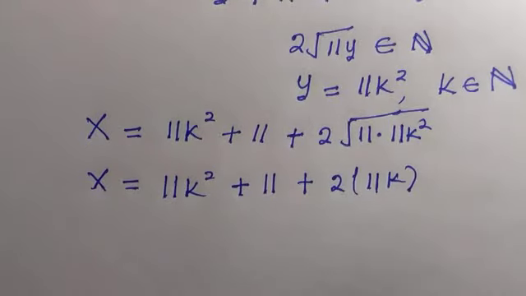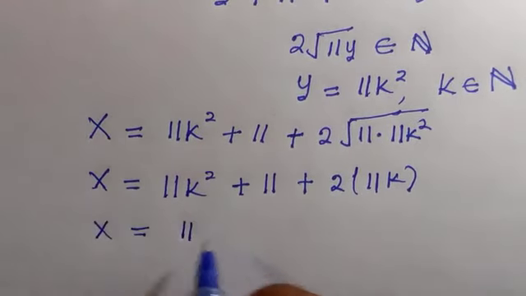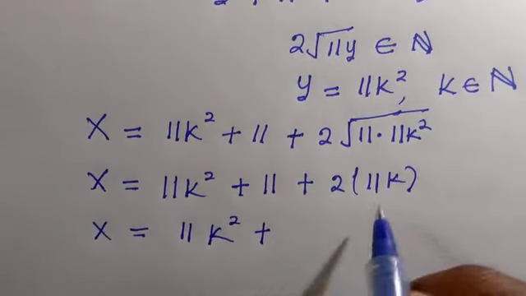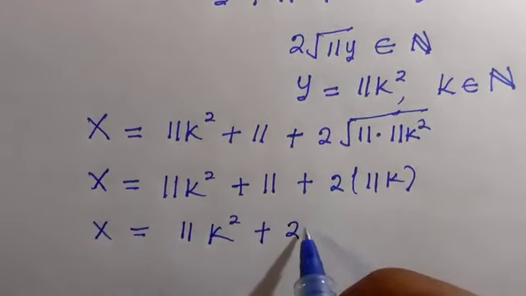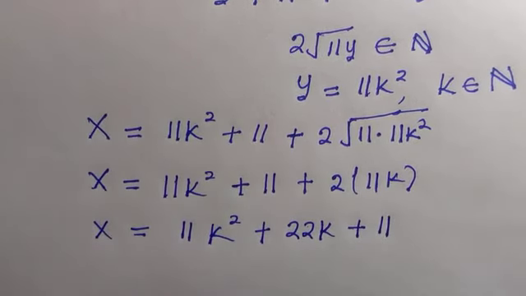By combining this, we have 11k squared plus 22k plus 11.